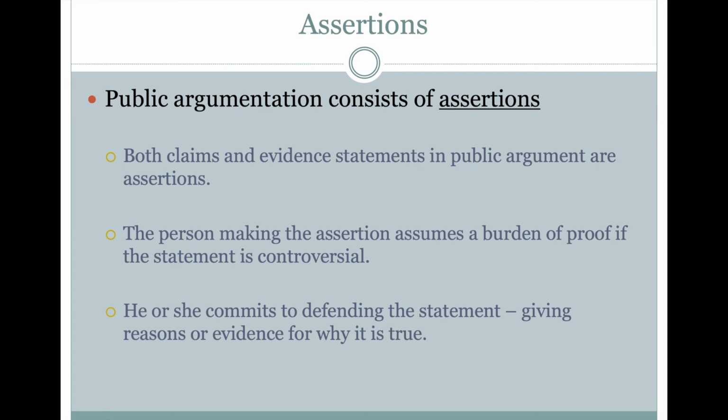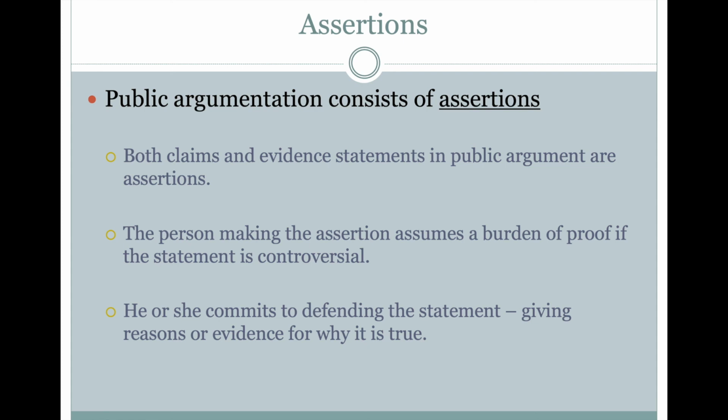So the person who advances such an assertion commits to defending the statement, giving reasons or evidence for why it is true. Again, go back to the example we used before. If I say there's likely to be a military draft before the end of the year, that would be controversial. You would probably doubt it on its face.